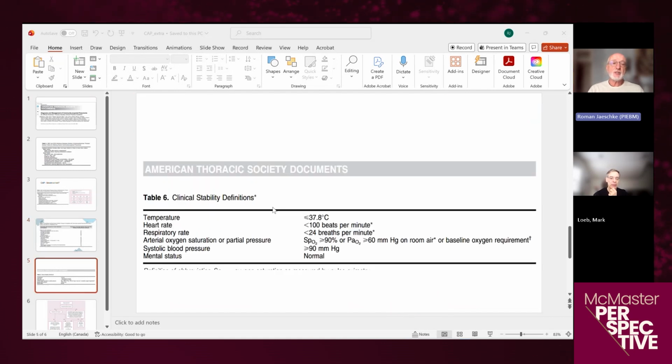And lastly, they are also talking about duration of treatment using a definition of clinical stability. So they are saying if the patient is stable, you could use less than whatever number of days.